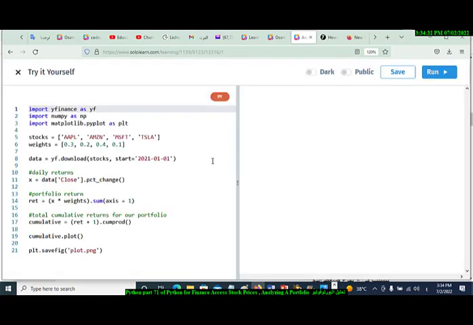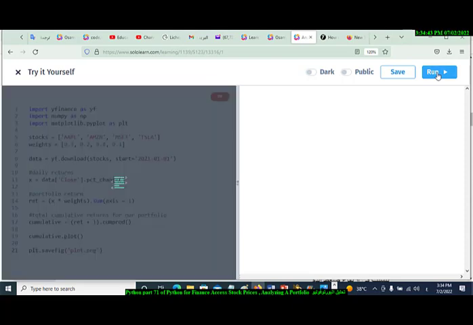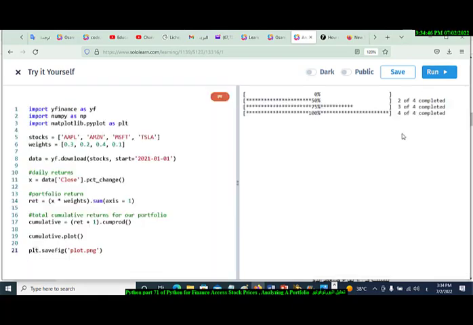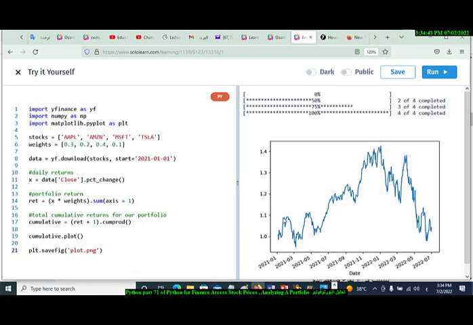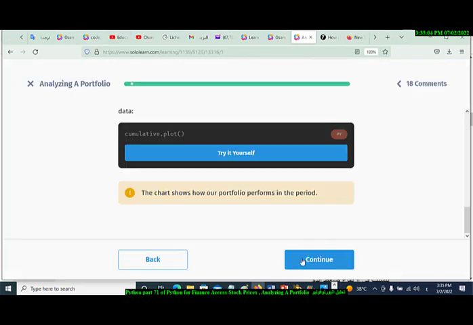Moreover, we can plot this cumulative when we import the matplotlib library and then use this plot code, so it will be drawing, and this is when it's more than 1, it's good, and this is relative to the months of January, March, May, and so on. Okay, let's continue.